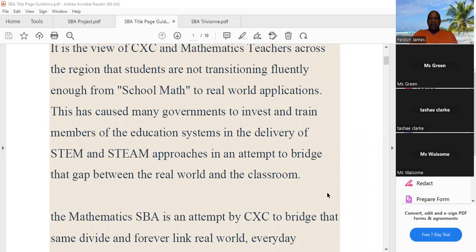So the project really is to get you to do something from a real world point of view so that you can apply what you learn from maths. So that's what the SBA is about. They need to see that you're able to apply the maths that you learn to the real world, as well as to demonstrate that you understand how to apply it.